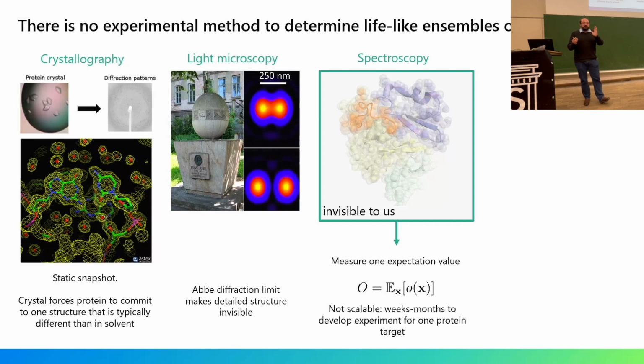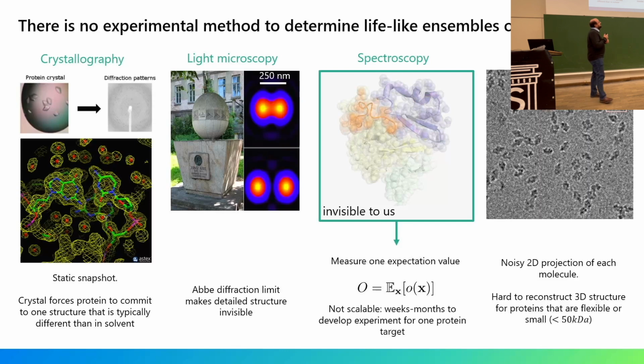So you know the average, but you don't know how the distribution would look like. And recently, there are also some other more promising methods like cryo-EM, which have the potential to give you more information about the distribution itself.